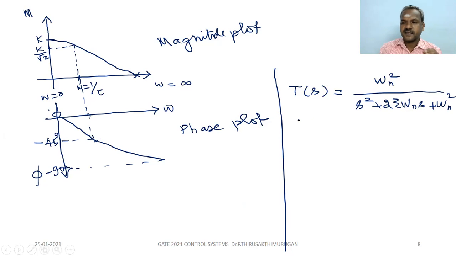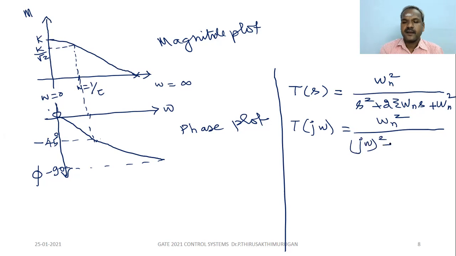Let us substitute S equal to j omega. So T of j omega equal to omega n square divided by j omega whole square plus 2 zeta omega n j omega plus omega n square.